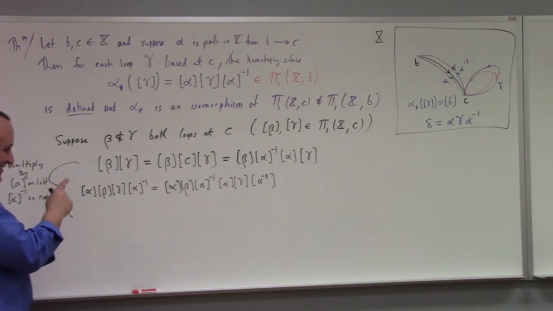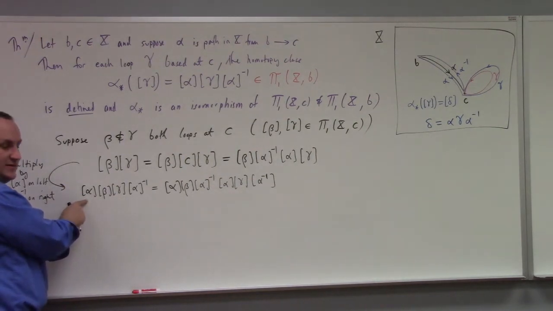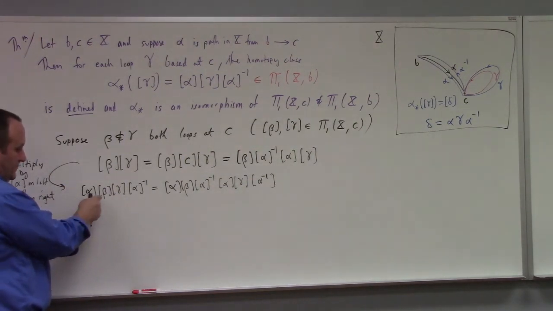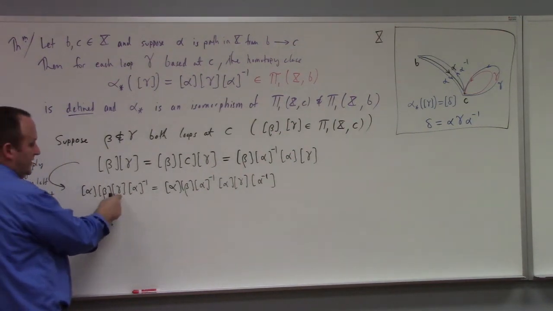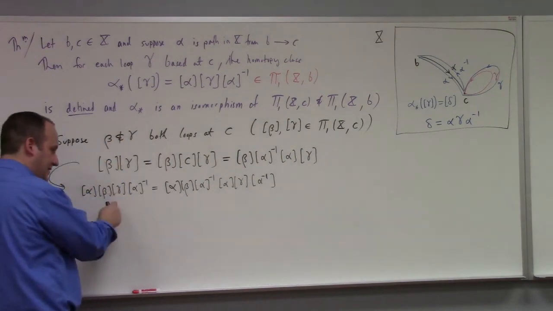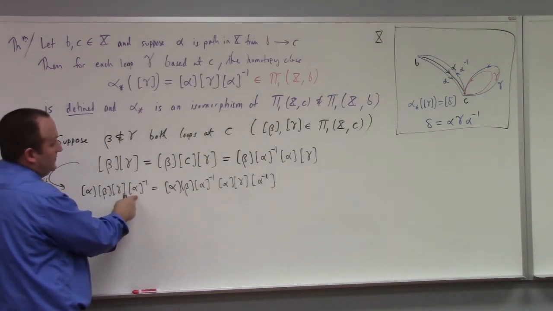So alpha goes from where? From B to C, and then beta is a loop at C, so it goes to C. Gamma is a loop at C, it goes back to C again, and then alpha inverse goes to C back to B again.